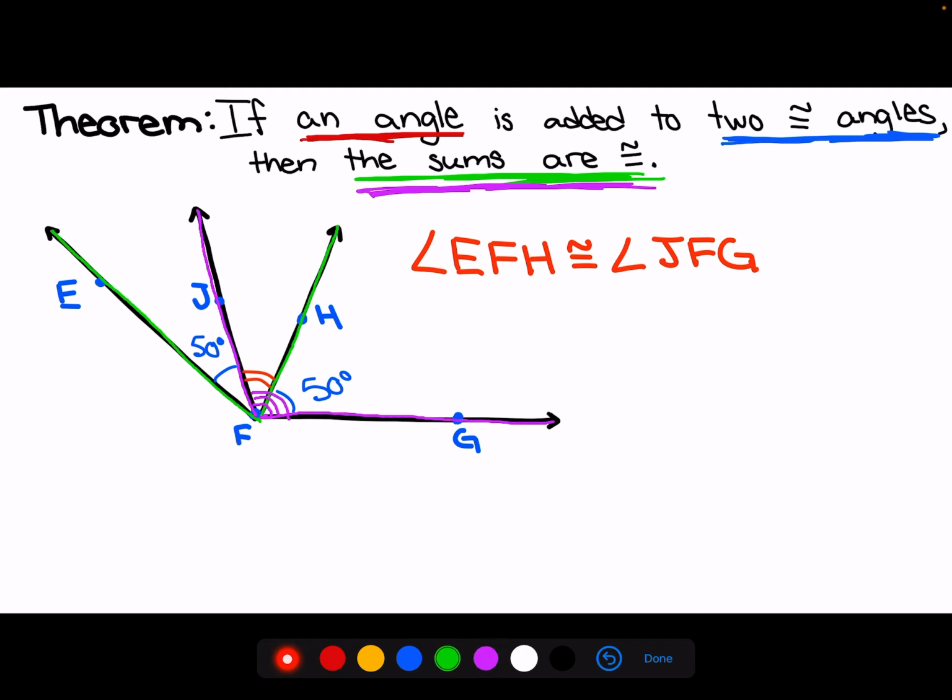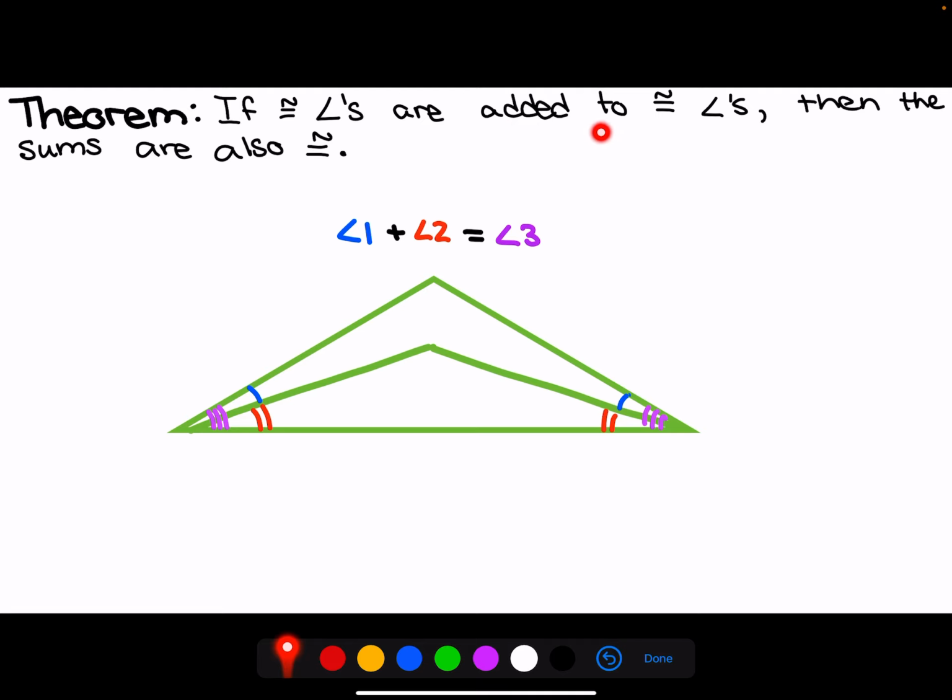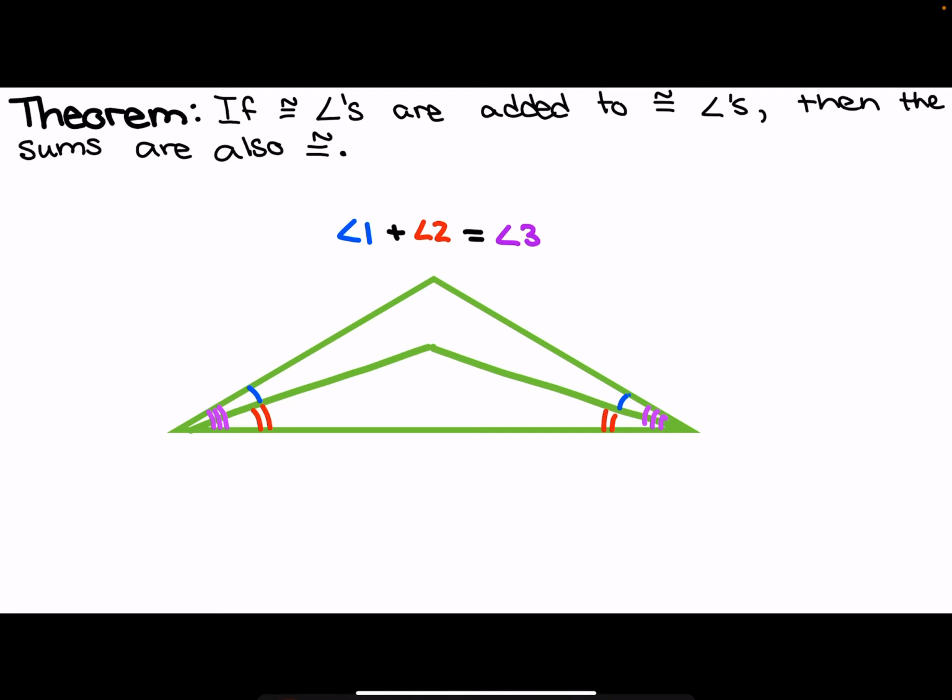We have one last angle theorem as well, and it's just like our second segment theorem. So same type of idea, same concept. So for this one, if congruent angles are added to congruent angles, then the sums are also congruent. Meaning, I have these blue congruent angles here on either side. There's one here, there's one over here.